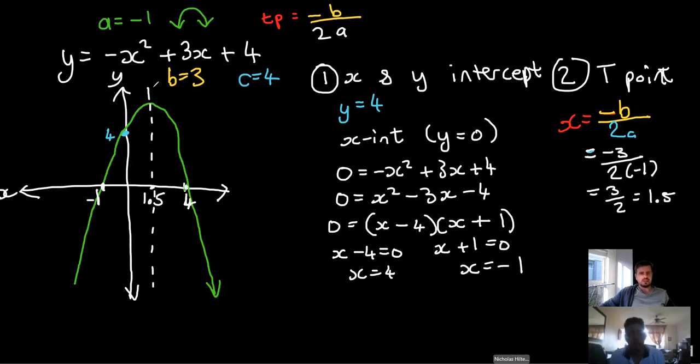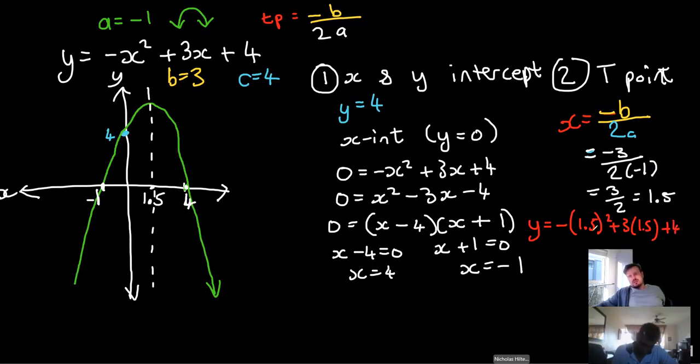But of course, that only is the x value. I then put the x into the original equation to figure out my y. So that would be y equals negative 1.5 squared plus 3 times 1.5 plus 4.